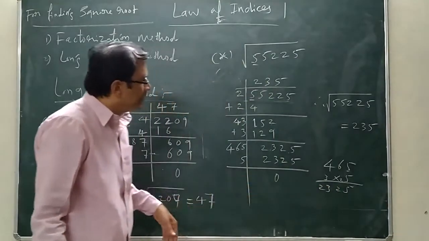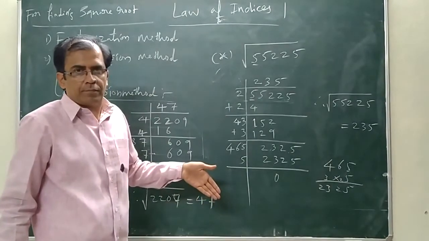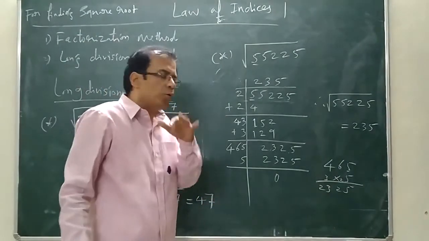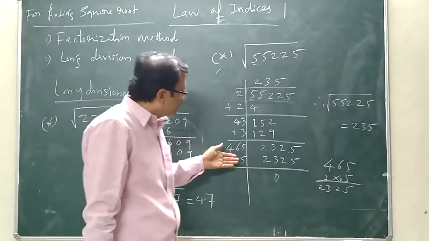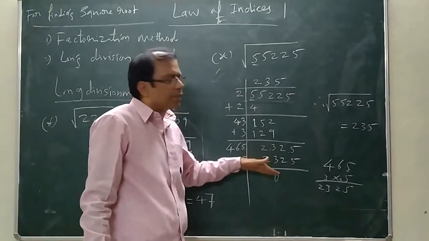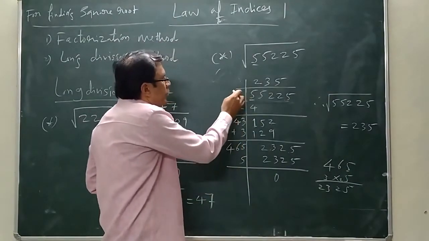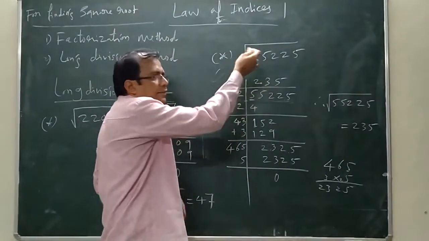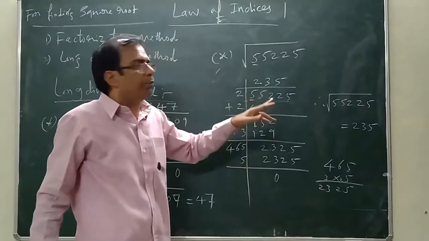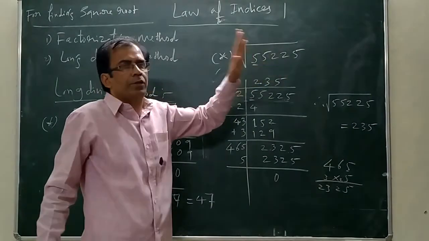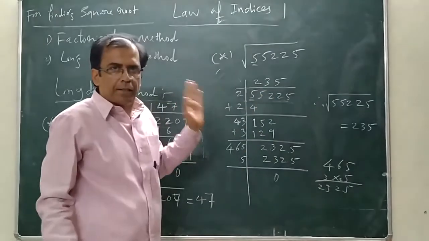This is how you are getting it, and you need to use this step for each step. If you find it a little difficult, write it in a different way and multiply, and after getting the answer write it below and subtract, and you are getting 0. Whatever number you are using here, you write the same above. So the square root of 55,225 is 235.